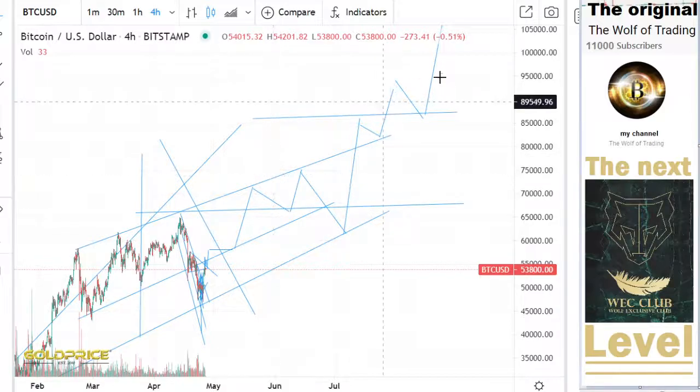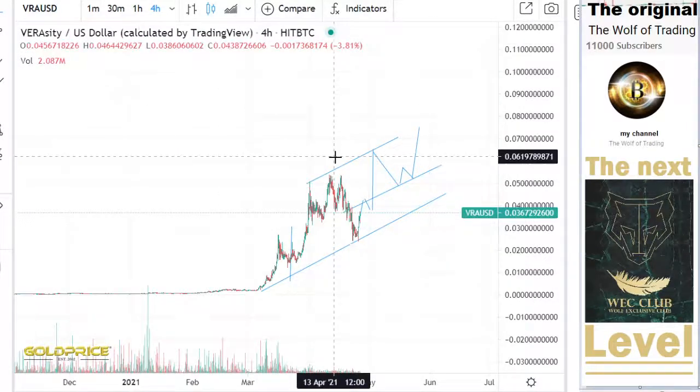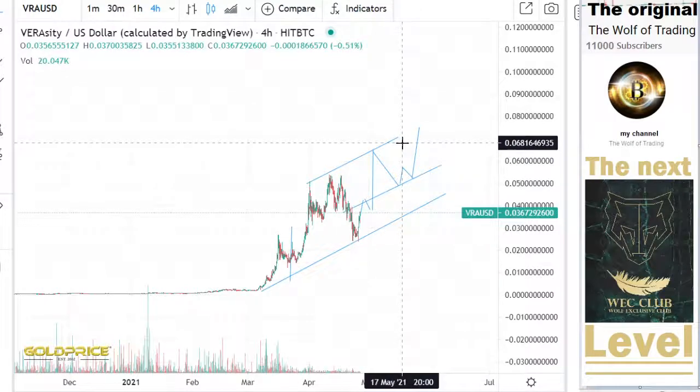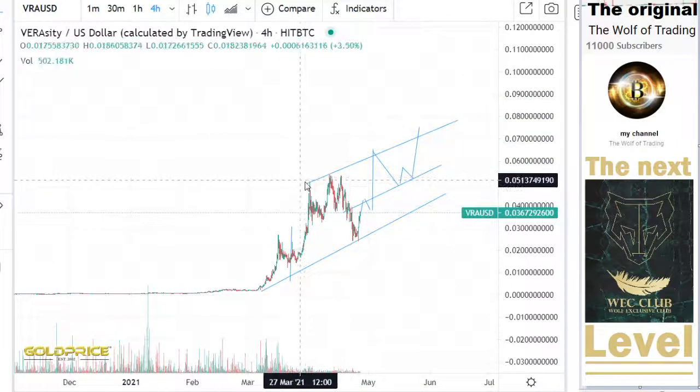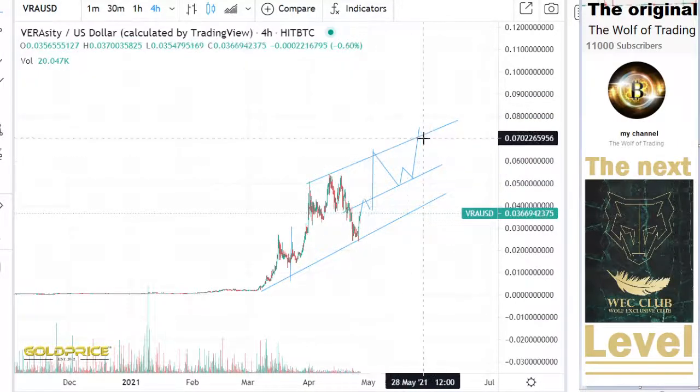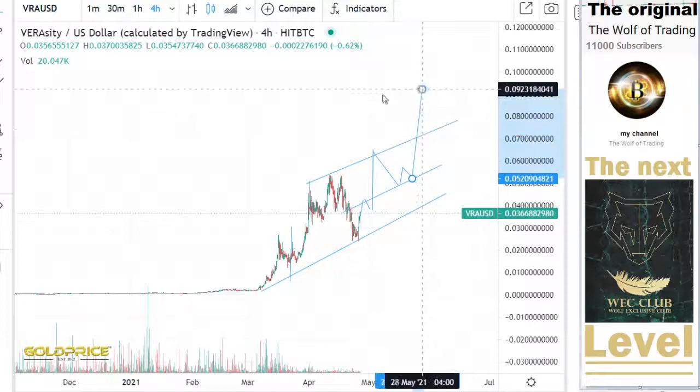Then we break here to the top side, and it makes sense because if you look at this chart, you can see 1 time, 2 times, 3 times, and the 4th time will break out to the top side.